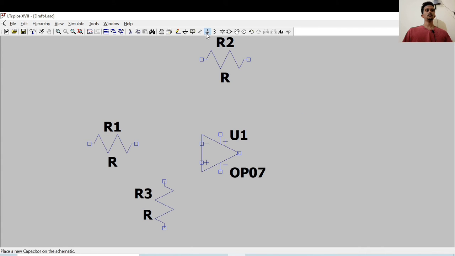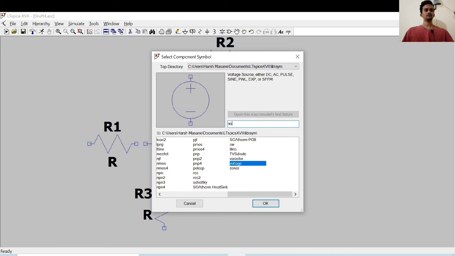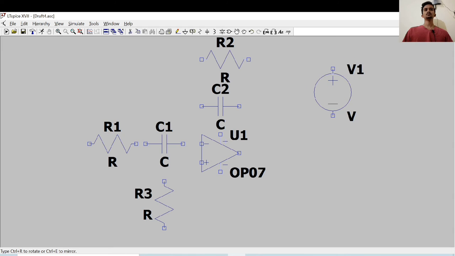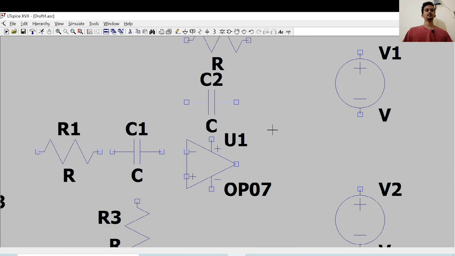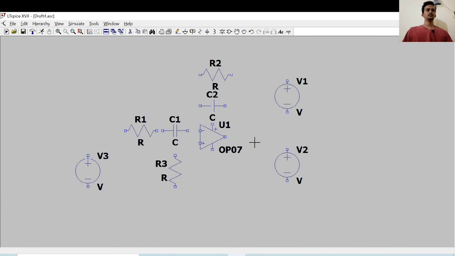Then we'll require two capacitors, one at the input side, another at the feedback side. So we will take two supplies, and this is the input supply. Let's place the components properly.